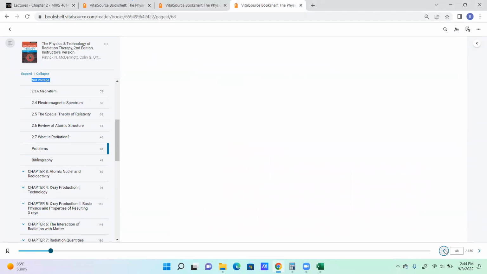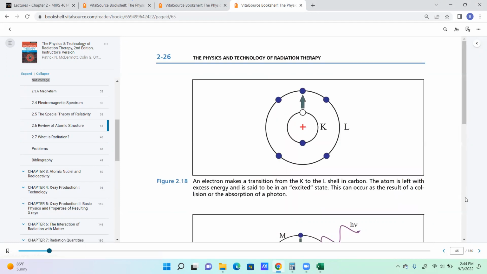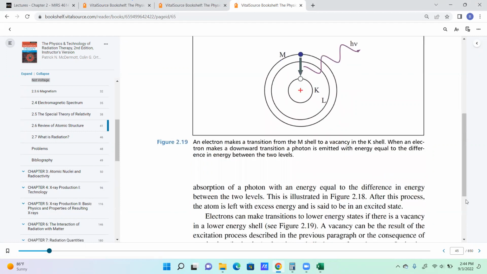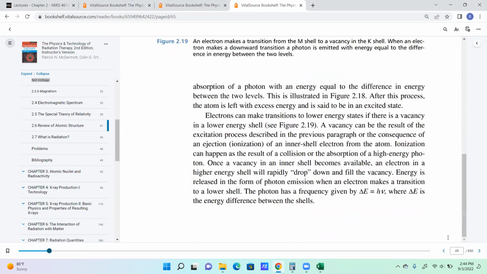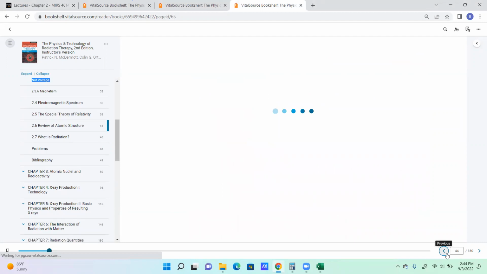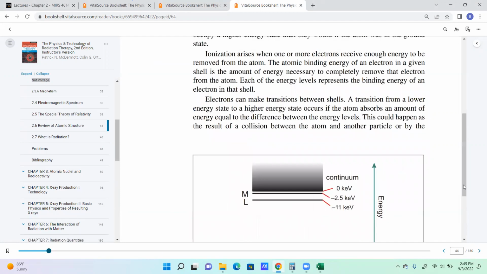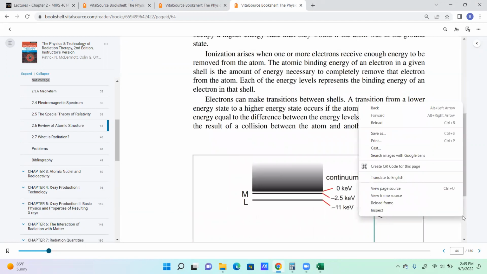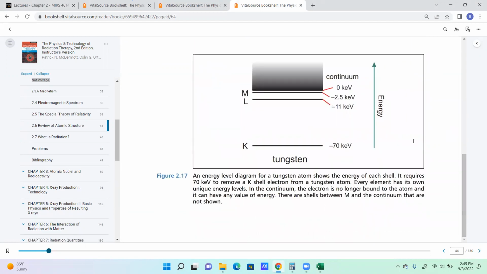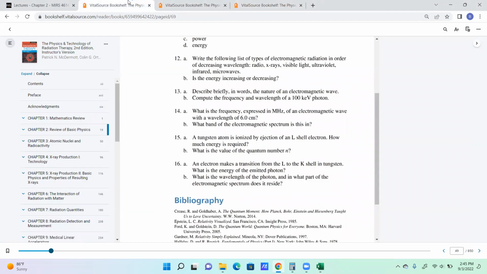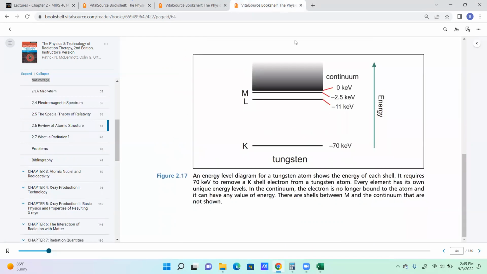Let's see if we can get down to the discussion here. Okay, this is our tungsten atom right here. So the question is, a tungsten atom is ionized by ejection of an L shell electron. How much energy is required?